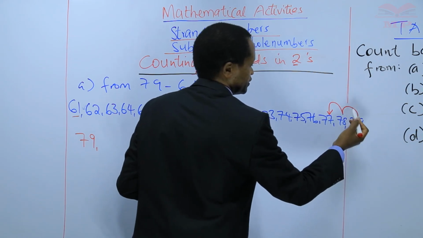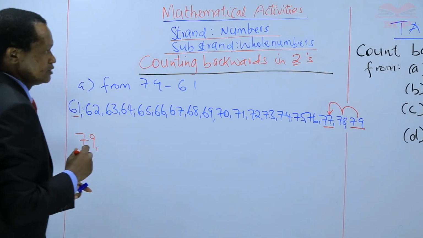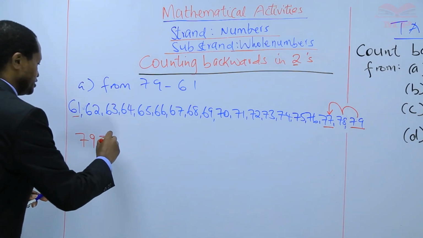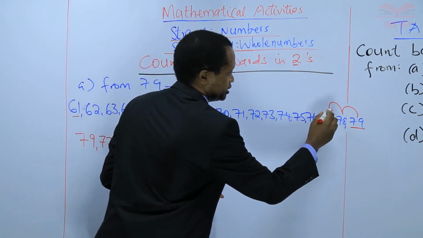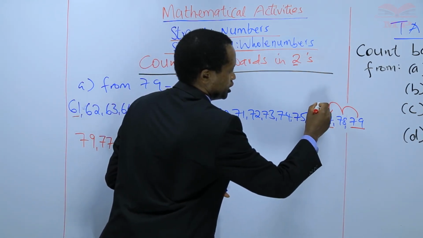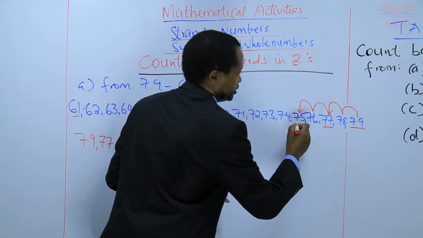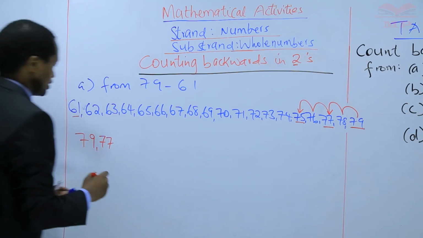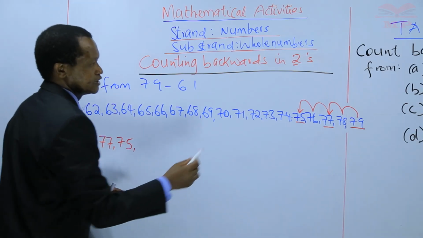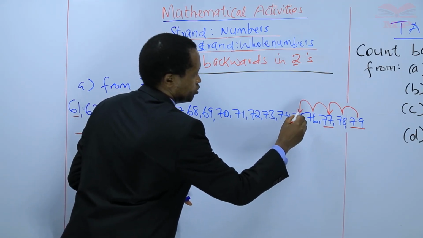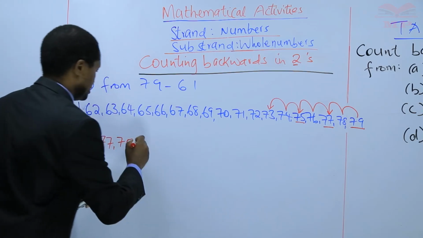After 79, we have 79, 78, then 77. So we write 77. We go to 77 and go back 1, 2. We arrive at 75. So we write 75. Then 1, 2. The next number is 73.